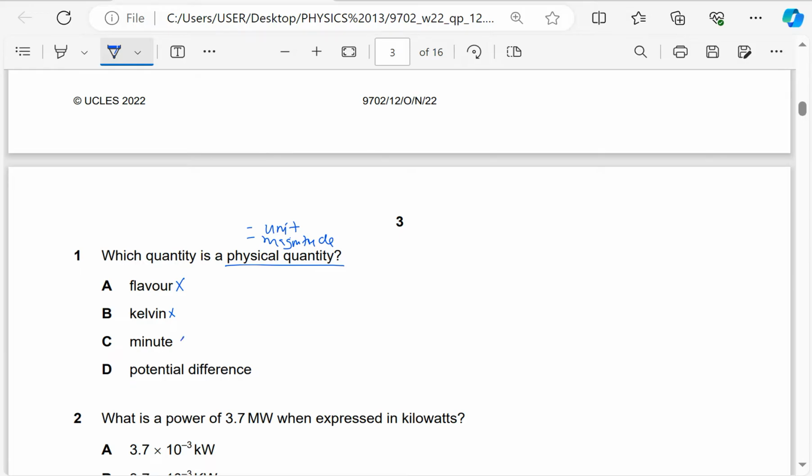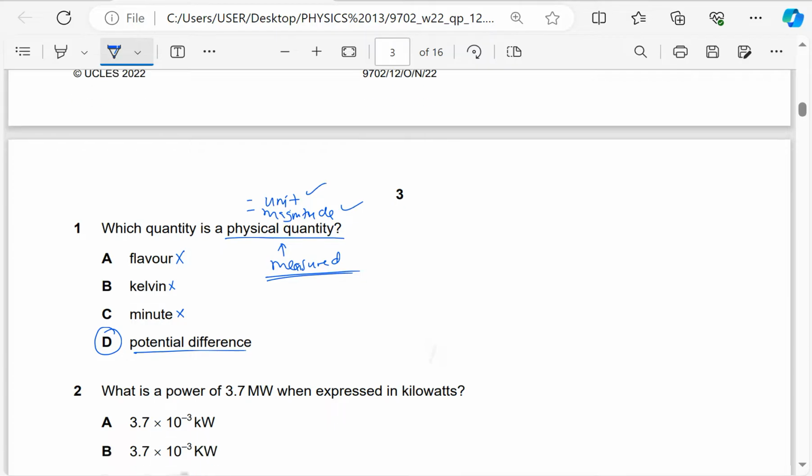Minute is just a unit. Potential difference has a unit and a magnitude, so the answer is going to be D. A physical quantity can be measured. Because it can be measured, it has a unit and a numerical magnitude.